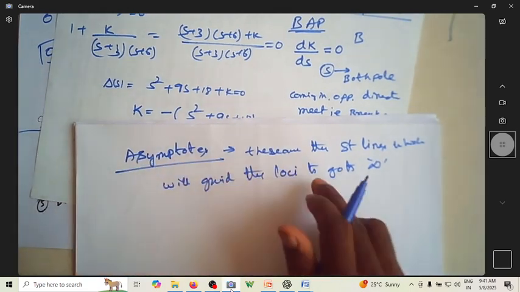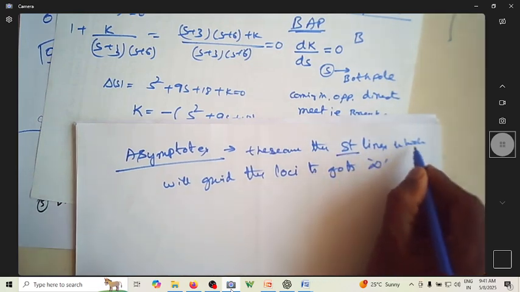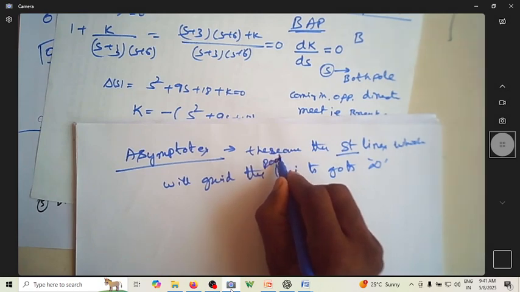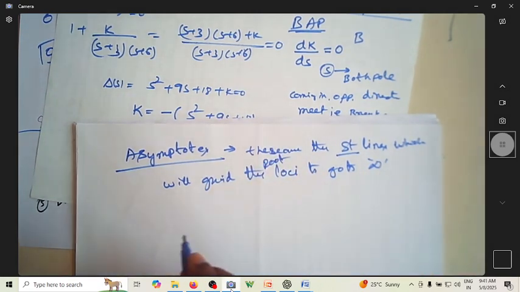Asymptotes are nothing but straight lines which will guide the root loci to go to infinity.